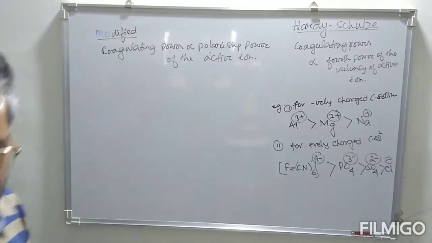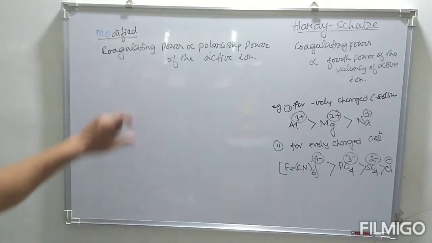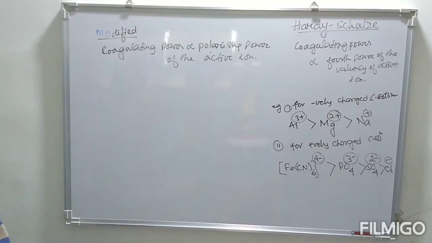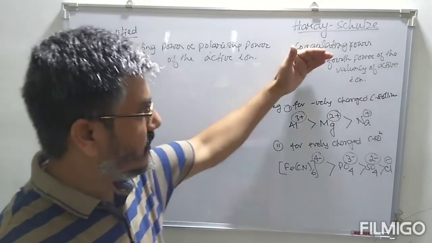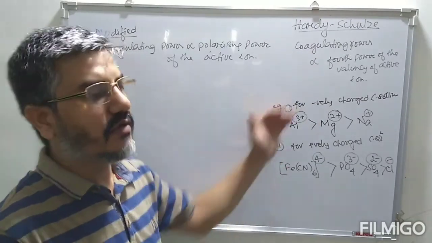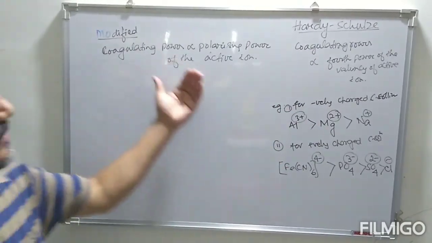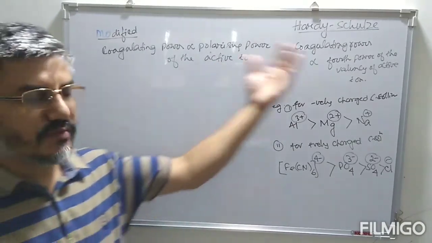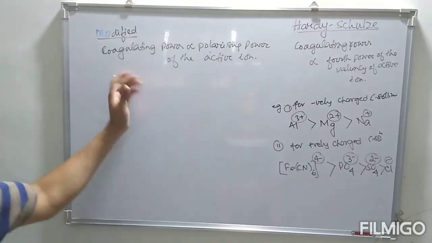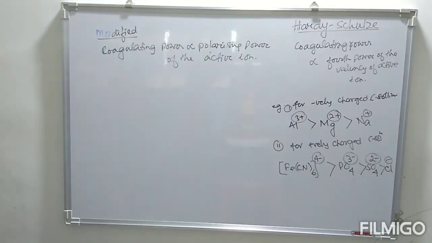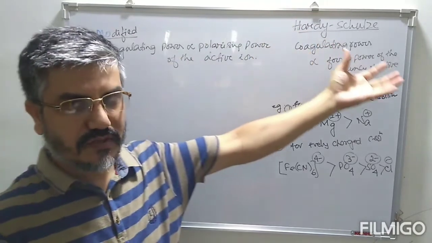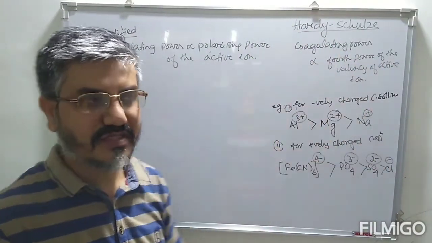As the polarizing power of the active ion increases, the coagulating power of the electrolyte also increases. So rather than saying the valency of the active ion, we can say the coagulating power also depends on the polarizing power of the electrolyte. As the polarizing power increases, the coagulating power also increases. So a colloidal solution, by use of an electrolyte whose charge is opposite to that of the colloidal particle, can be converted into a precipitate.